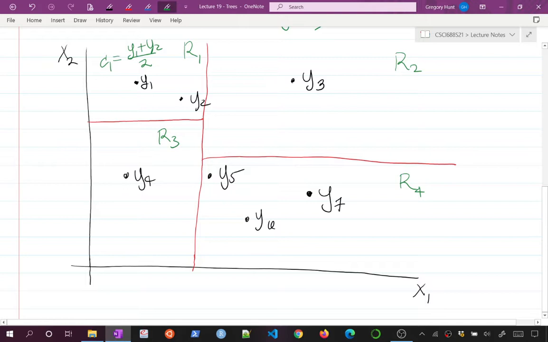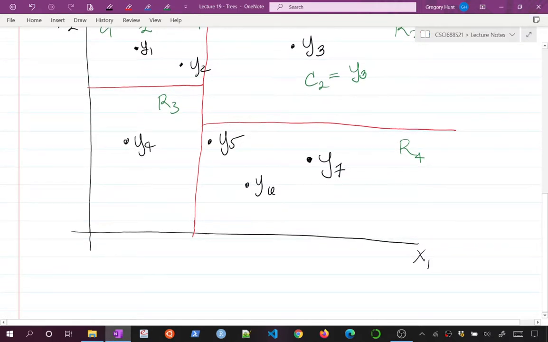And so if in the future, after I've built up this model, I observe some x that lands me over here, I'm going to predict the average of the training data in that rectangle. Here, in rectangle 2, my constant value will be, in this case, just y3 because there's only one thing.